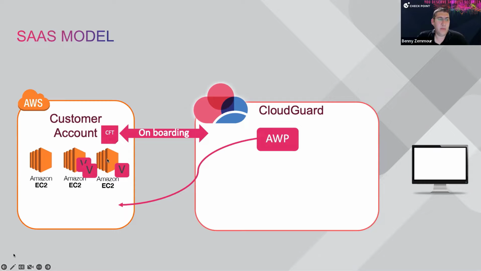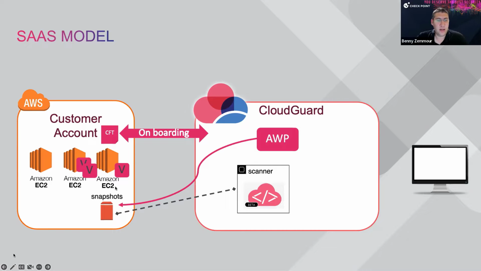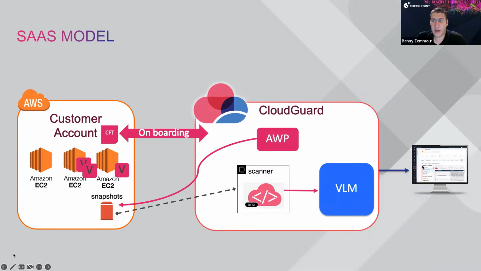The scan starts with creating a snapshot of each volume of each machine. Then we can share it with our backend, and we scan it in a VM that runs inside our backend. The result will be populated to the backend and to the UI, and you can see that.